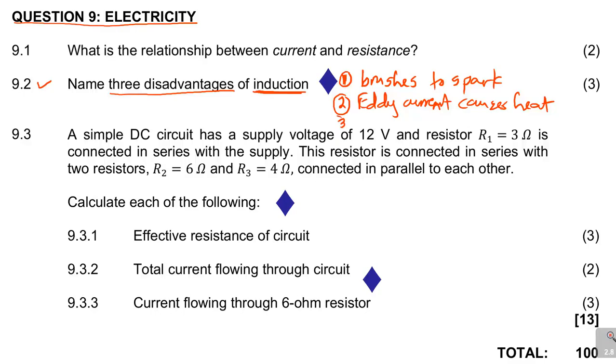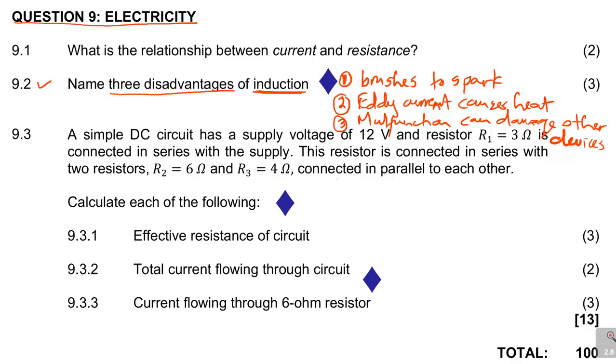Okay, they said three of them. Let me think of the other one. It can also affect other apparatus. When it malfunctions, it can damage other electrical devices, which is a disadvantage in this case.